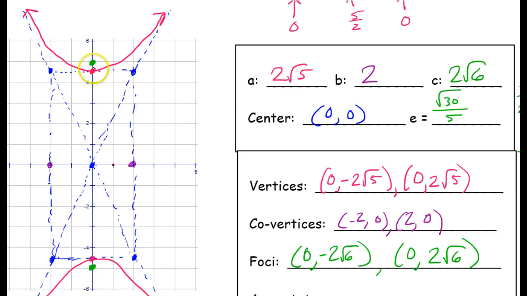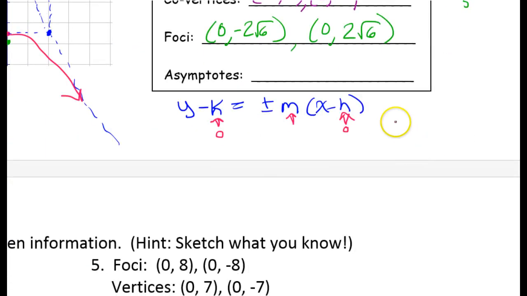So when we talk rise and run, it's 2 radical 5 and then 2. So it's 2 radical 5 over 2. Okay, so think about that. So the slope is rise over run, 2 radical 5 over 2. The 2's will cancel out. So the slope is actually radical 5. So we will have plus or minus radical 5.